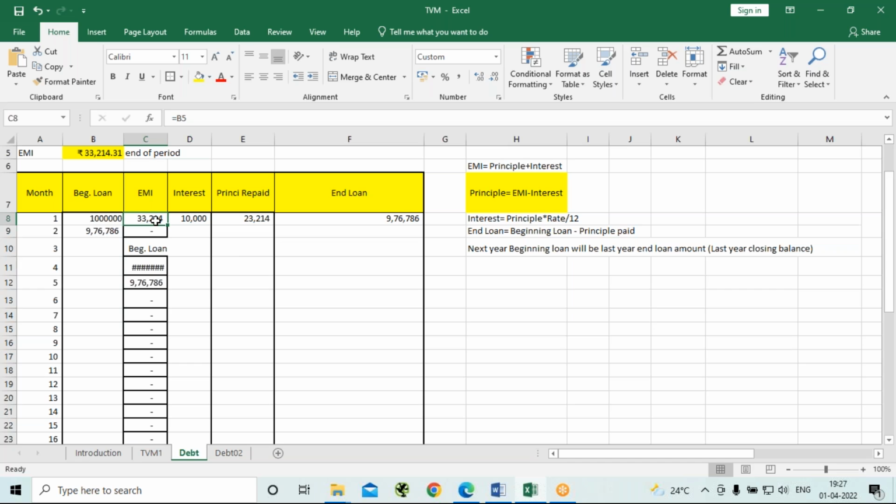So you can see that this value I brought from here. The B5 value is nothing but the EMI calculation that I did. So here it has taken the B5 value. When I drag it, it is not going to stay on the same cell value. It is going to the next cell value, which is blank.